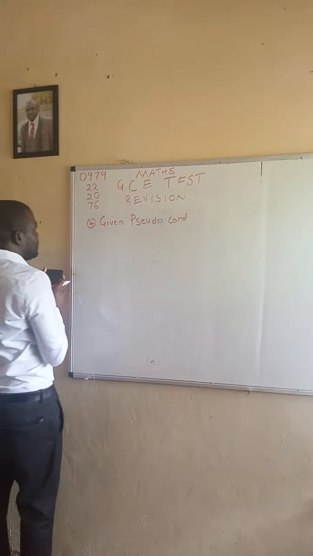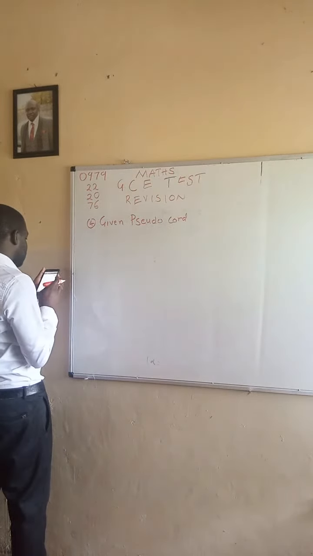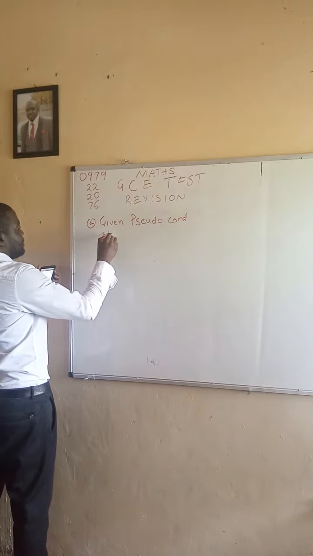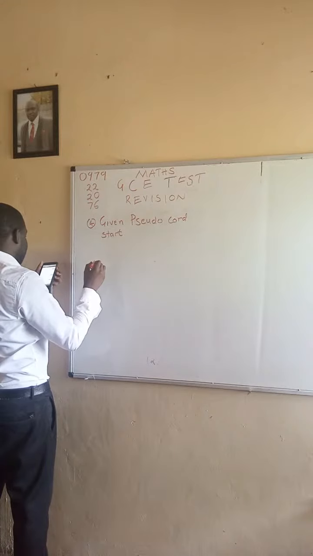So they want us to write the flowchart. So we are given a pseudocode. The pseudocode starts with start. That's the first one.